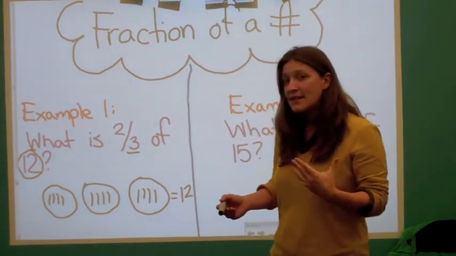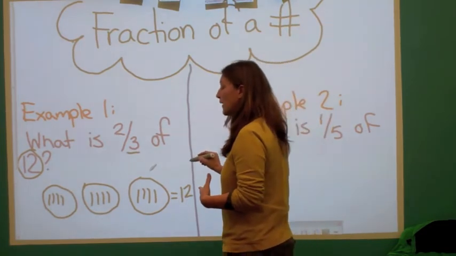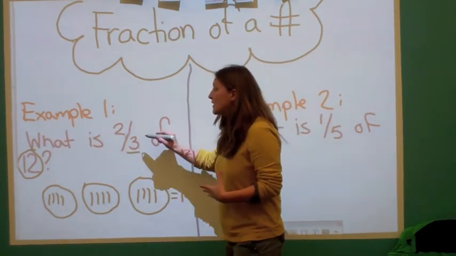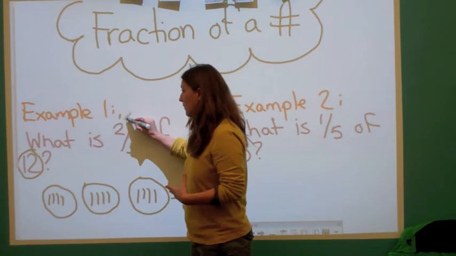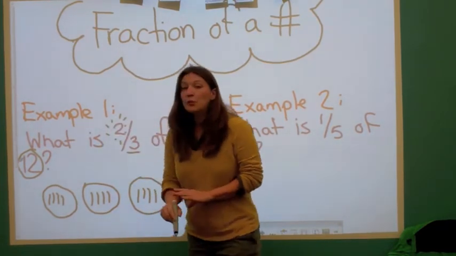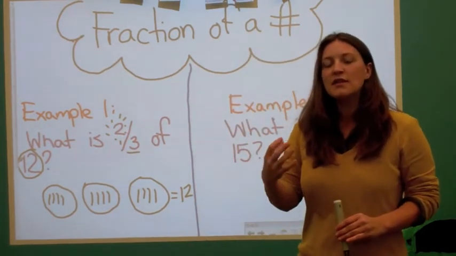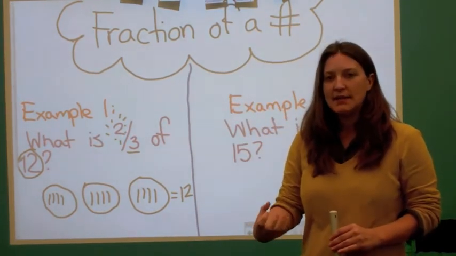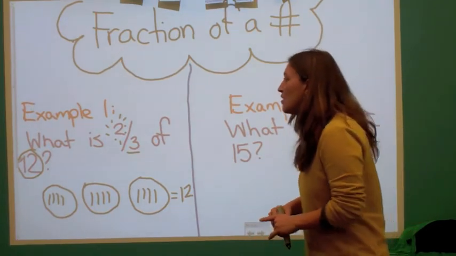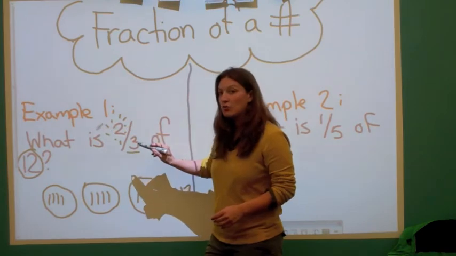The last step in finding a fraction of a number is this piece right here, my numerator. My numerator is going to tell me how many circles to count, or how many pieces to count. So in this case, I have 2 in my numerator.